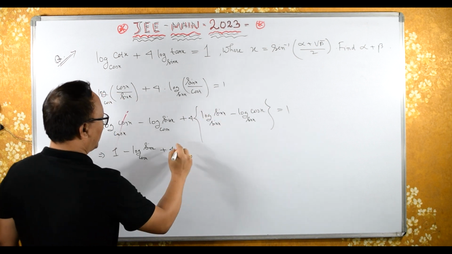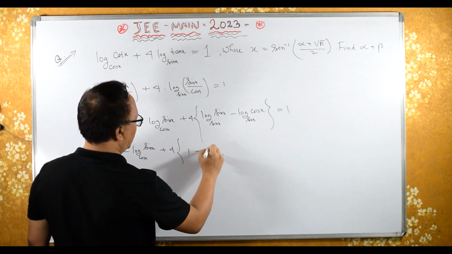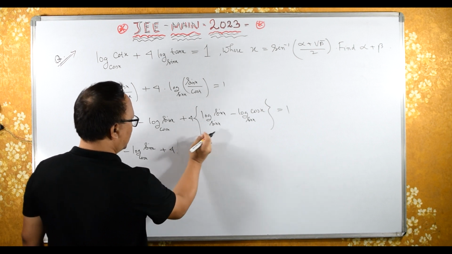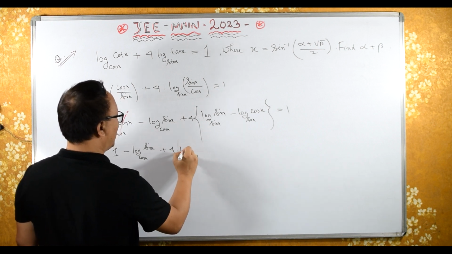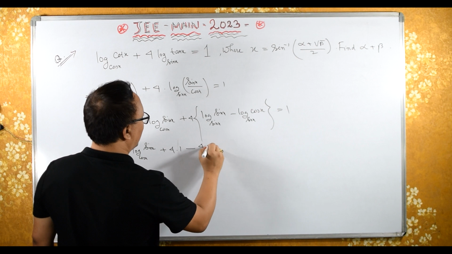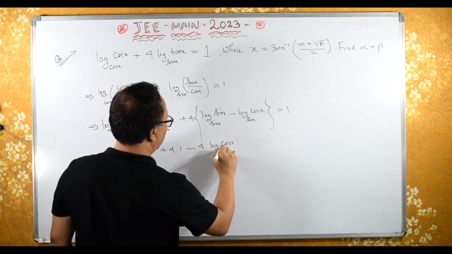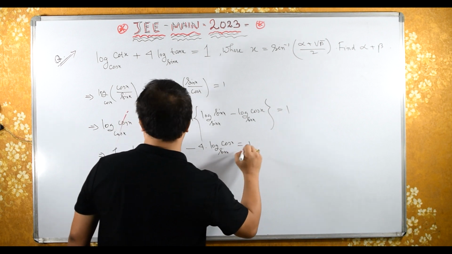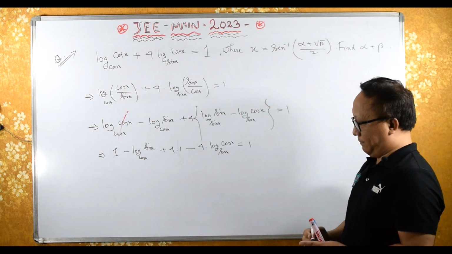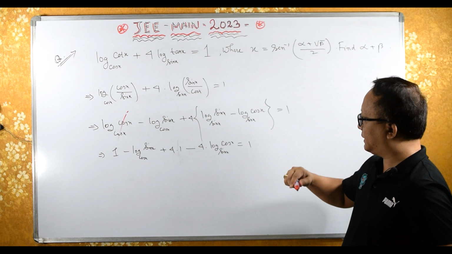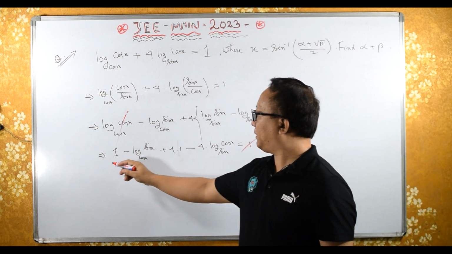Here this also 1. Okay, here 4 into 1 minus, I will open the bracket, 4 into 1 minus 4 log of cos x to the base sin x equals to 1. Now this minus 1 and plus 1 gets cancelled.